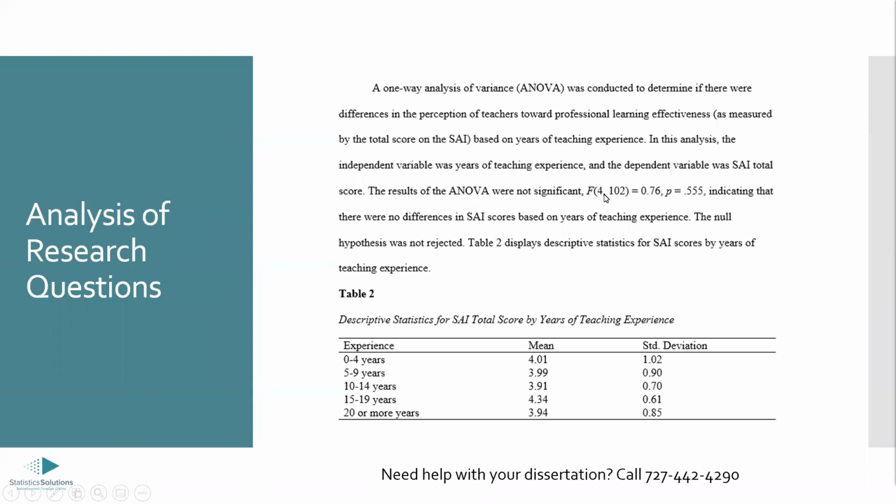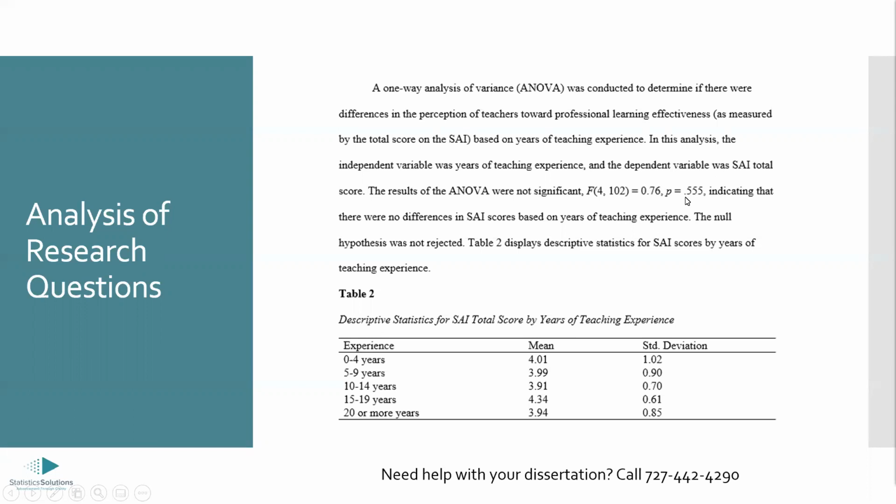The first degrees of freedom is the numerator degrees of freedom, and the second is the error or denominator degrees of freedom. You present your F statistic, and then the p-value associated with that test.